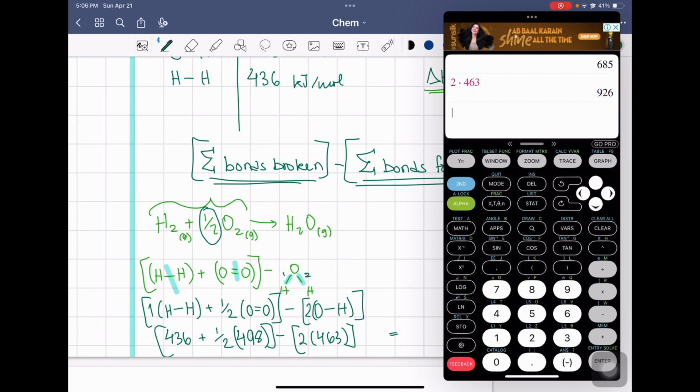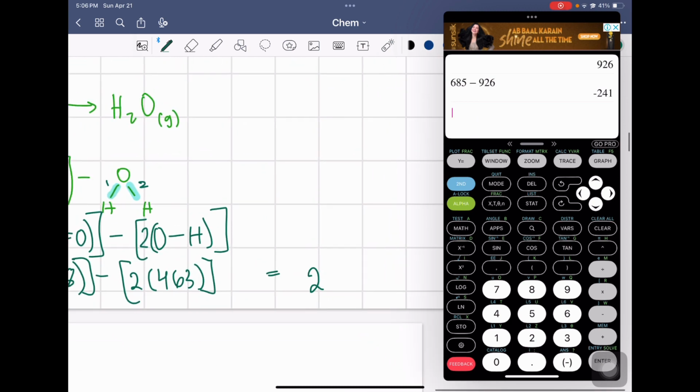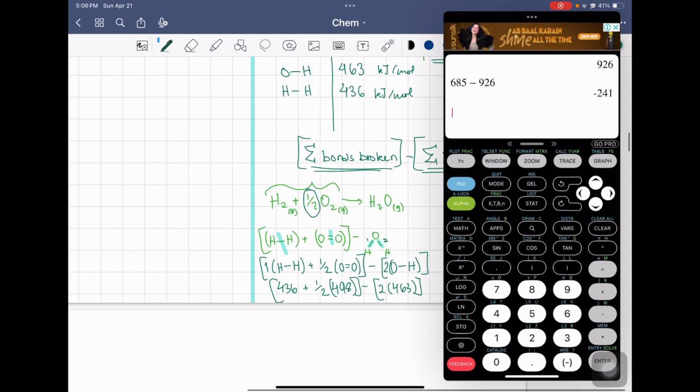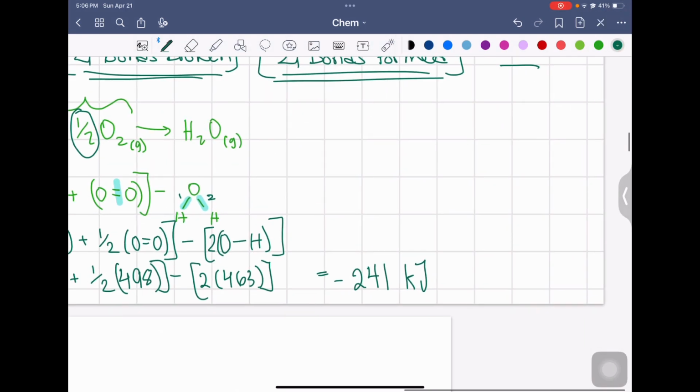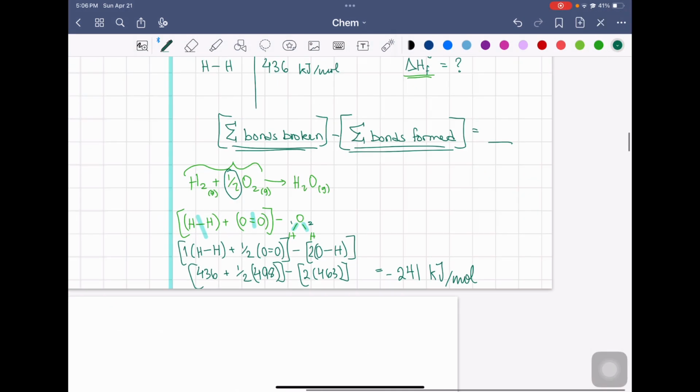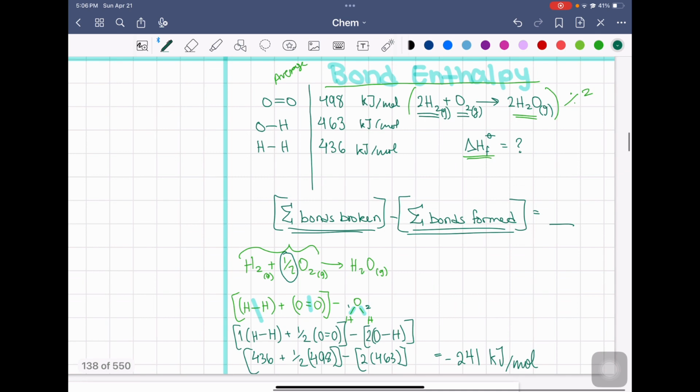So we're going to have this answer minus this answer. We're going to get negative 241 kilojoules per mole, sorry. And that is going to be our enthalpy of formation of water.